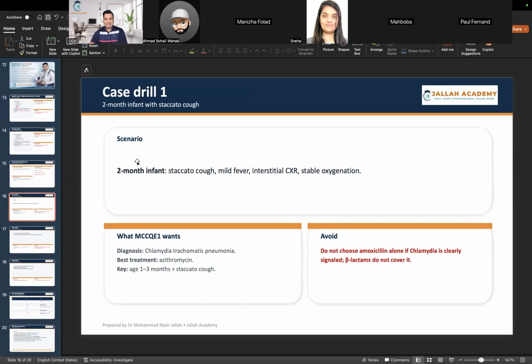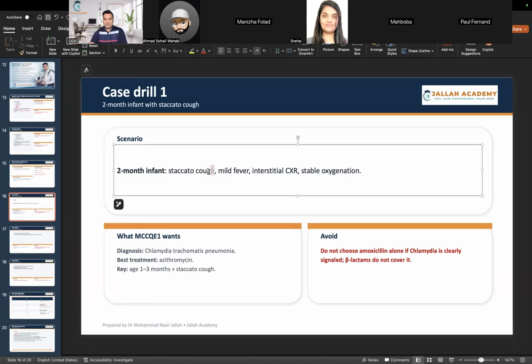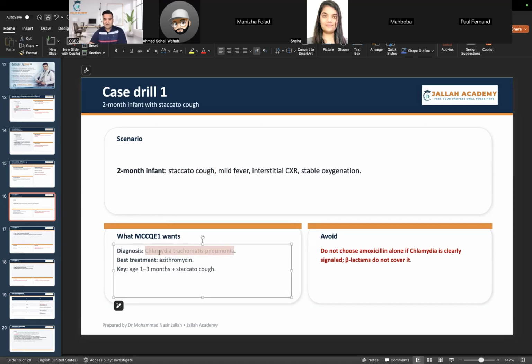So now let's work on some cases. A 2 months infant, staccato cough, mild fever, interstitial X-ray finding, stable oxygenation. And this is what? Chlamydia. What do we do? So here, what is MCQ 1? It means the diagnosis. What is the diagnosis? It is chlamydia. What is the best treatment? Azithromycin.